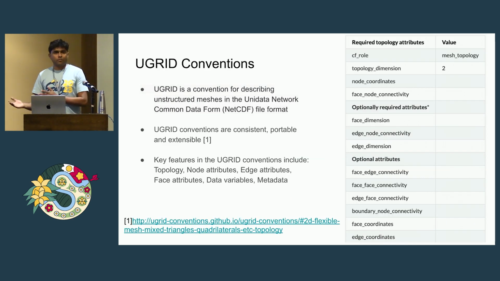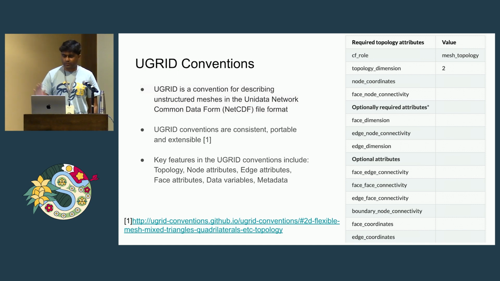For the base of the repository, we had a long discussion on how to start this and what would be our representation of the grid internally. We decided to take the UGrid conventions, because they have been there for some time. Some projects use it, some don't, but a good chunk of them do. They have some different conventions inside, but we decided to go with it because it's consistent, portable, and extensible too, because you have a bunch of required variables.